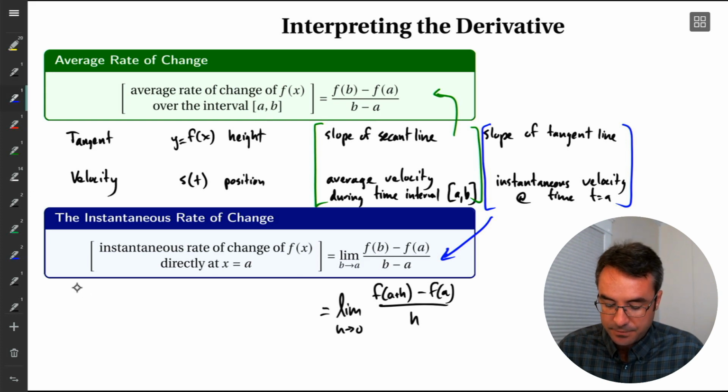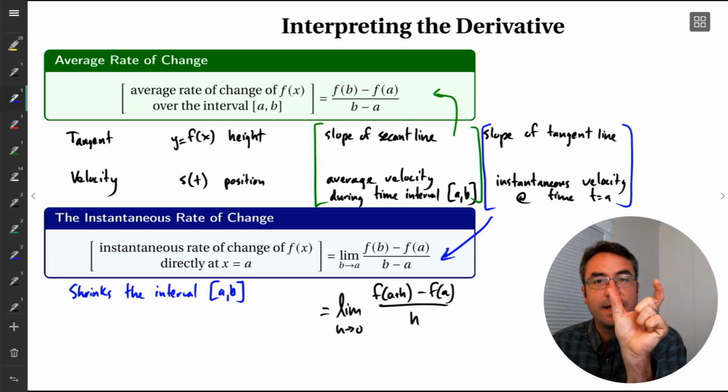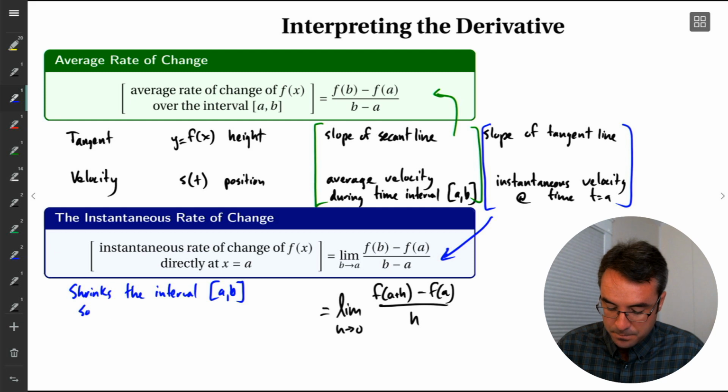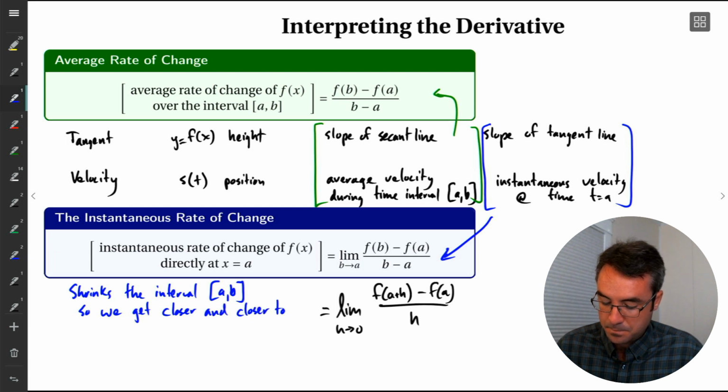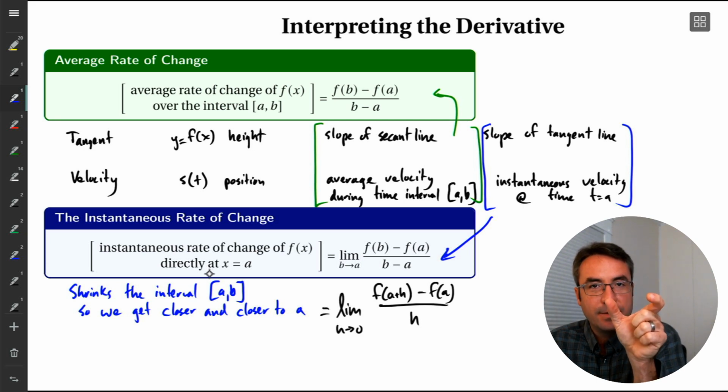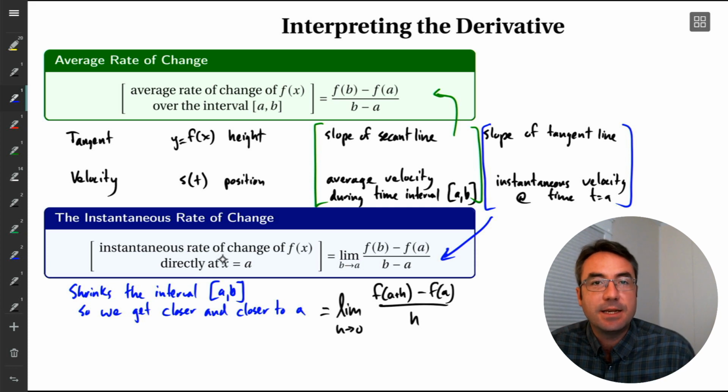The instantaneous rate of change shrinks the interval ab. We shrink it down so we get closer and closer to a, down to the one endpoint at a. Doing the limit as we shrink that interval gives us the instantaneous rate of change directly at a.